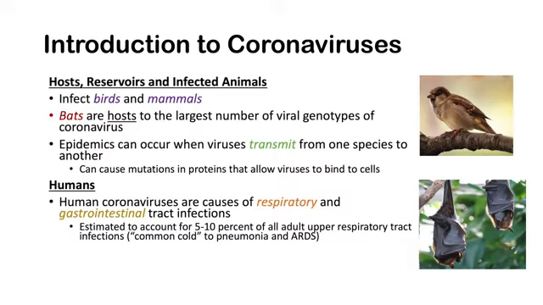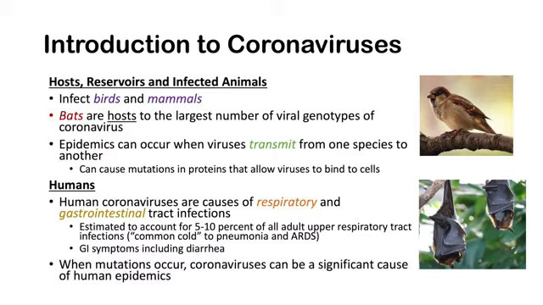So there are several coronaviruses that humans are infected with more often, and then there are others that cause more significant illnesses and infections. And some coronaviruses can even cause GI, or gastrointestinal tract, infections, and common symptoms of gastrointestinal tract infections with coronaviruses include diarrhea. And when mutations occur, coronaviruses can be significant causes of human epidemics.